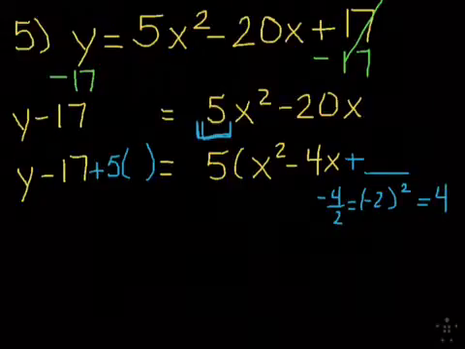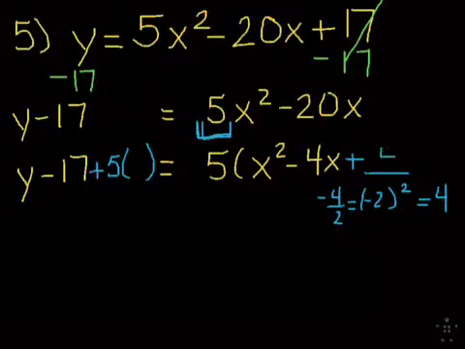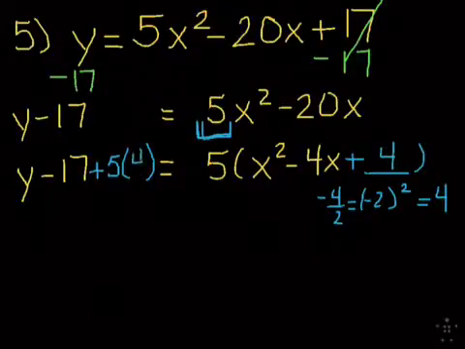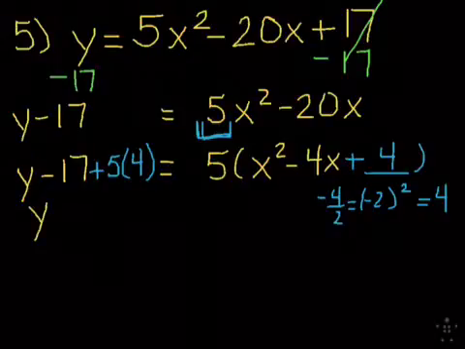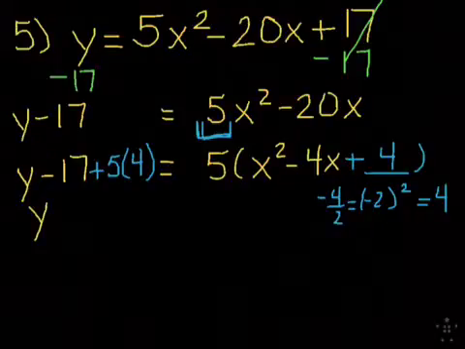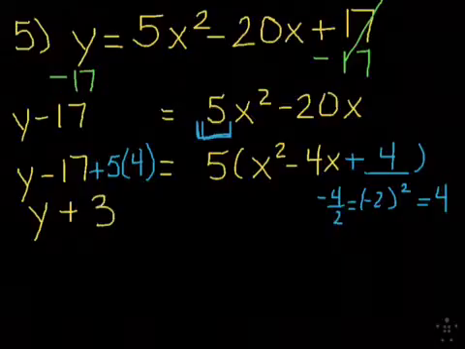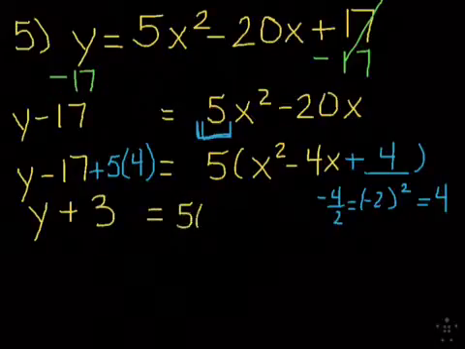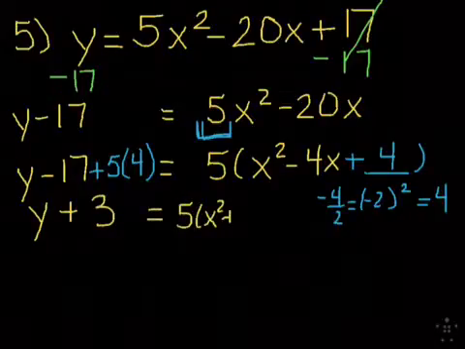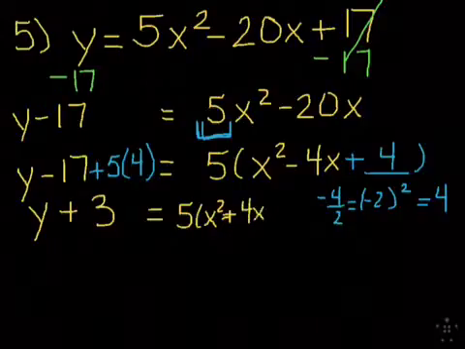Okay, so that's going to be a 4, and it's going to be a 4. So this is really just y minus 17 plus 20, which is just plus 3, equals 5x squared plus 4x plus 4.